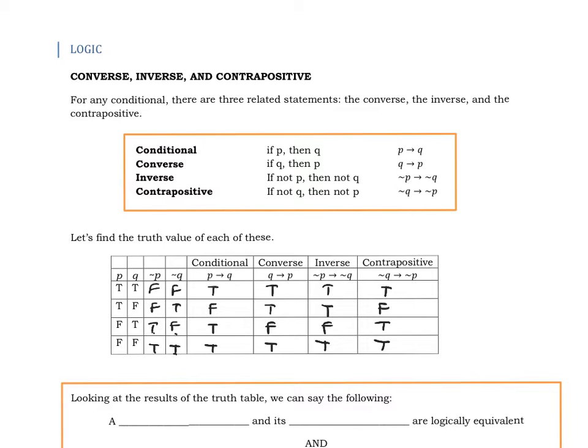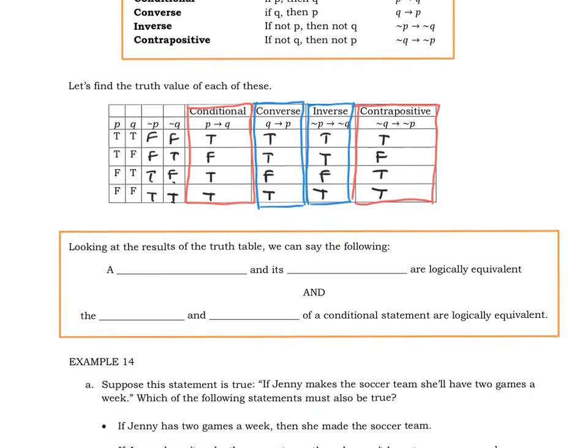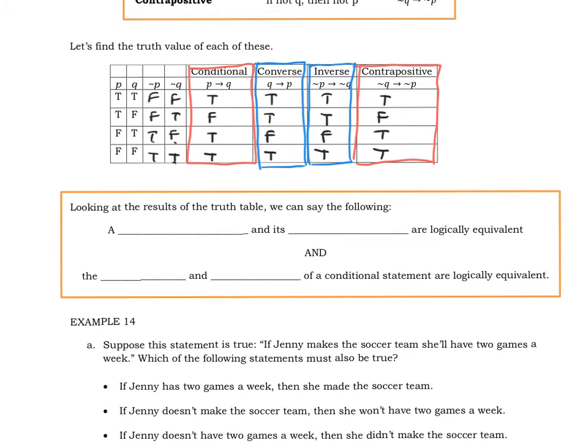Okay, so if you compare what we have here, it looks like the conditional and the contrapositive are equivalent, as are the converse and the inverse. Okay, so again, let's formalize this.